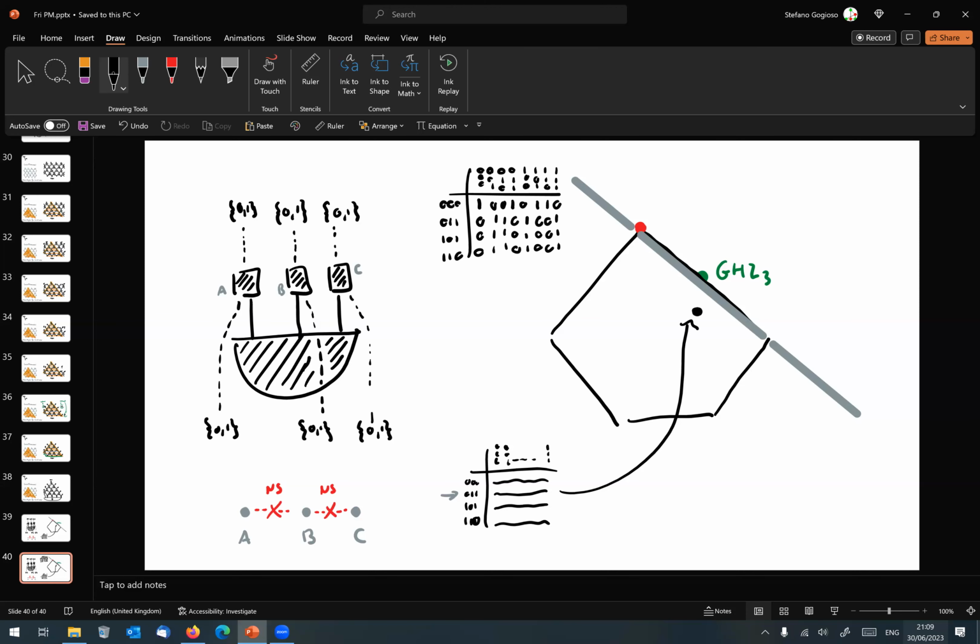So if you know that the state should lie on a face and you want to test whether the state lies on that face, then all you have to do is run these tests and count the number of times that you fell out of the support, error, or fell into the support, correct. So if you pick 0, 0, 0 as input and you got 0, 1, 1, then it's 1.